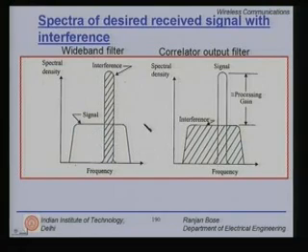Now, at the receiver, when you have the correlator and you despread the signal, its bandwidth reduces, but at the same time the interference gets spread. Since the power is constant, it is at a much lower level like this.